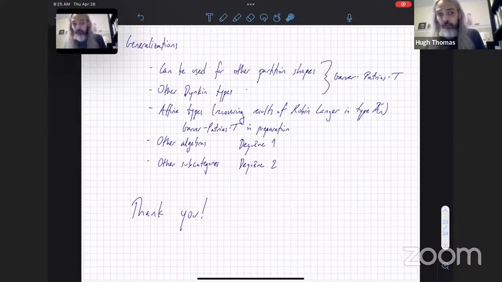Reflection functors are a well-known, well-studied and important thing that you can do in representations of quivers.